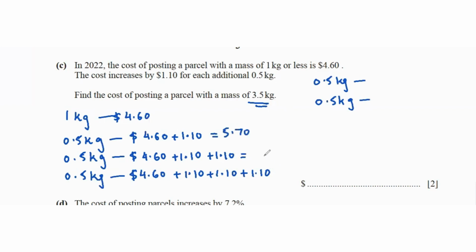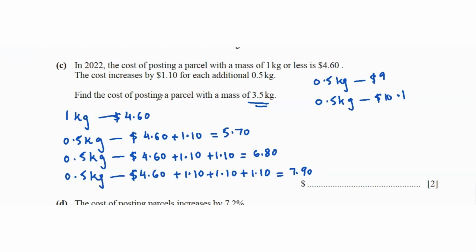So if we add these up, this is going to be $5.7. This is going to be $6.8. This is going to be $7.9. So this one will be $9. And this one will be $10.1. As you can see, we added 1.1 to each.